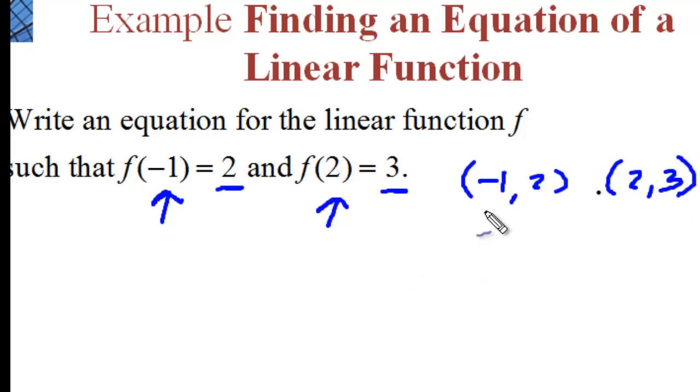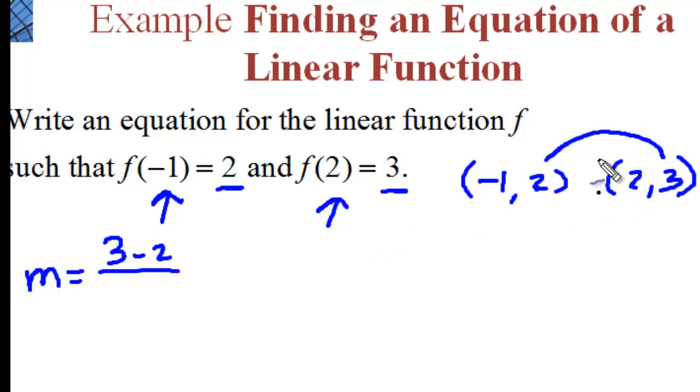So if we're going to find the equation of this, we want to find the slope. So m is equal to 3 minus 2 over 2 minus negative 1, which is 1 over 3, or 1/3.